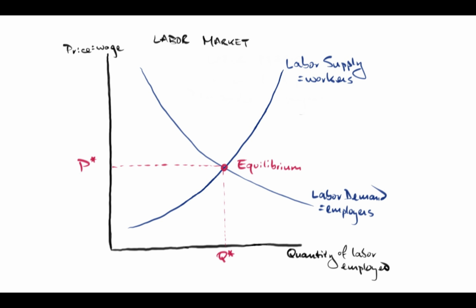Then suppose the government passes a law requiring that workers must be paid at least some amount. Now, for this model, I'm calling that amount P bar, P with a line above it. Currently, the federal minimum wage is $7.25 an hour.